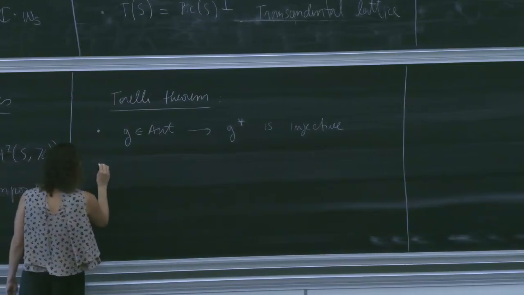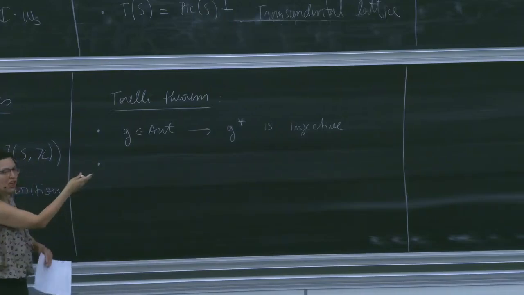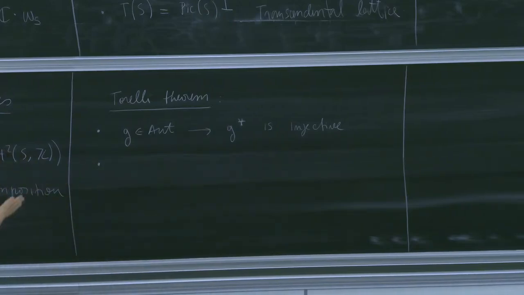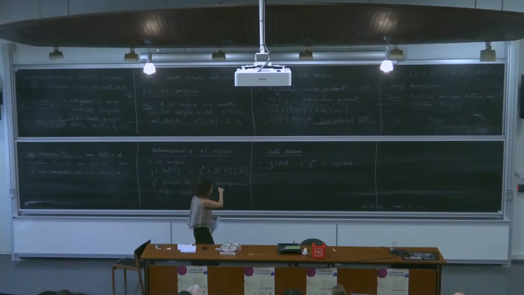So this is a good thing. But now we also want to understand which Hodge isometries actually come from automorphisms, and this is well known.